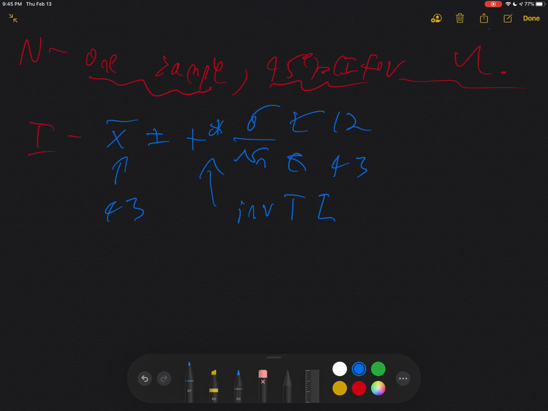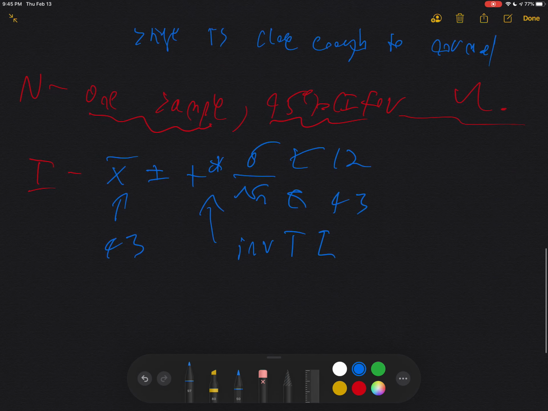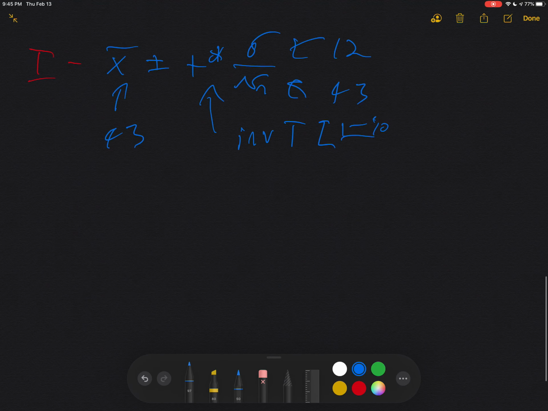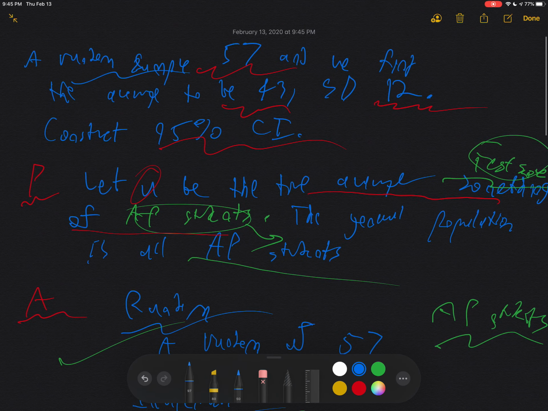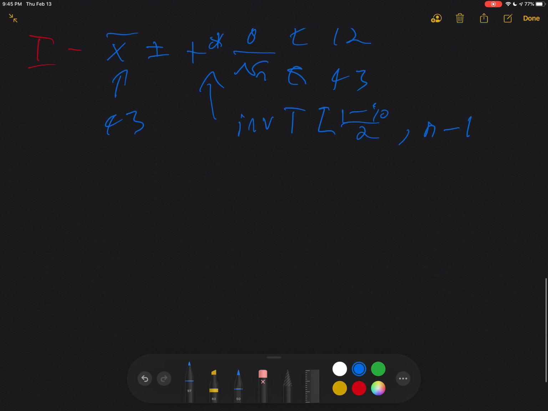So the area is just like during proportions, except remember we're doing sample means. It's just parentheses 1 minus the confidence level. So 1 minus whatever our confidence level is, it's 0.95 in our case, over 2. And then for degrees of freedom, you subtract 1 from the sample size. So looking back, our sample size is not 40 or 43, it's 57.